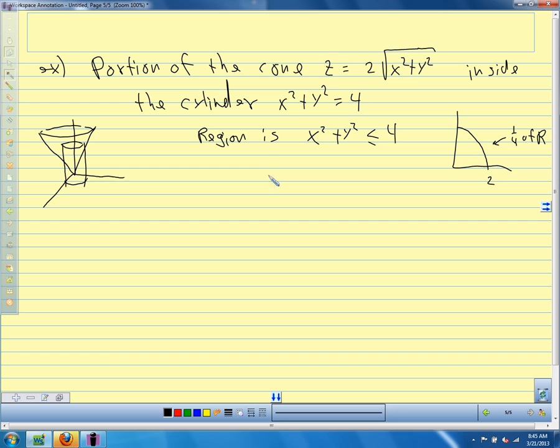So our partial with respect to x, z sub x, what's z sub x going to be? I'll get you started. 2x times x squared plus y squared to the negative 1/2.